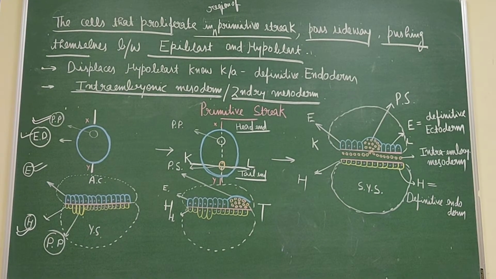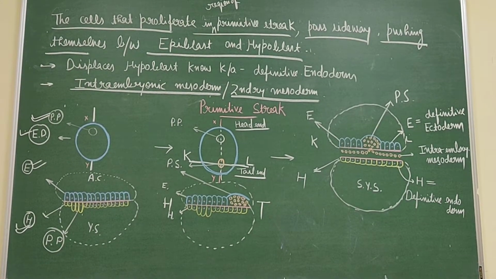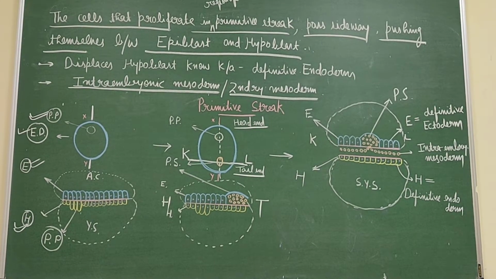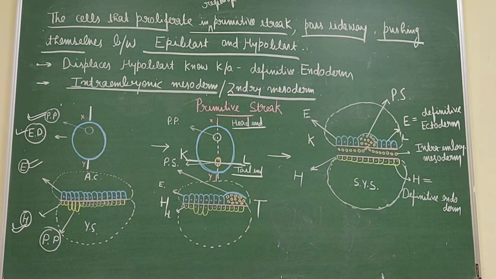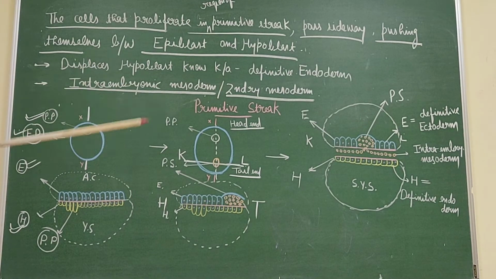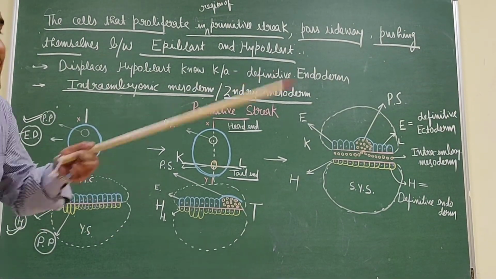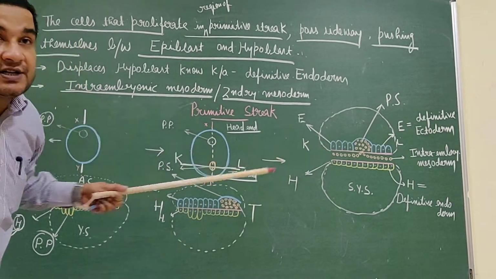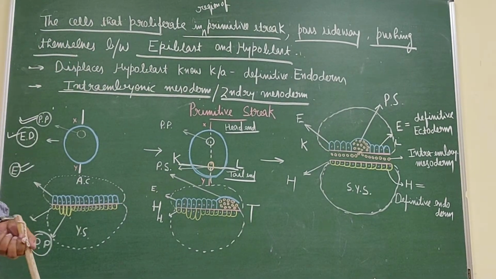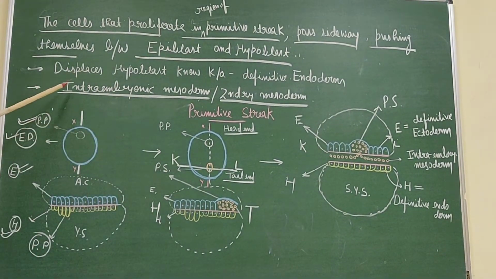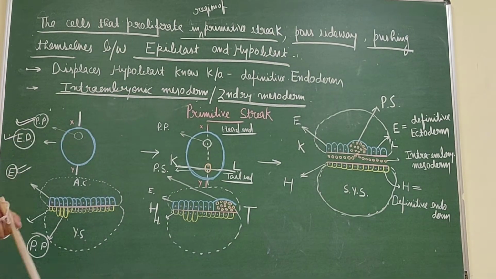The first we have discussed in the second week of development, that is the extra-embryonic mesoderm, or the primary mesoderm. The second is present in the embryonic disc, that is why it is the intra-embryonic mesoderm.